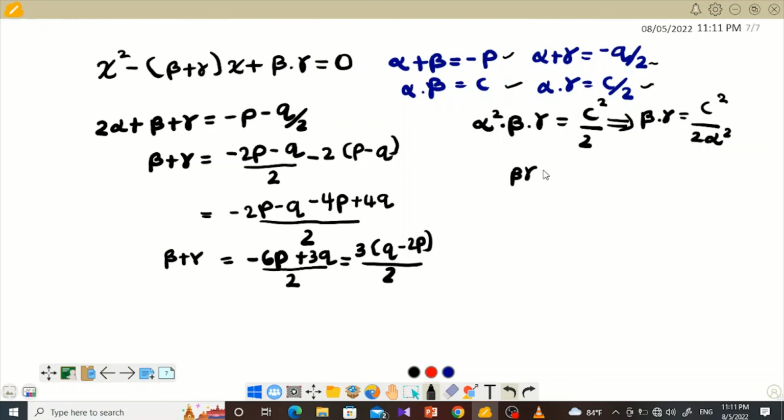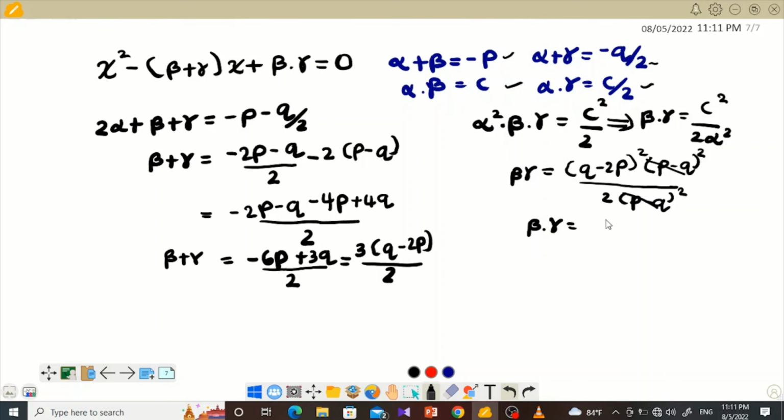Then beta gamma equals, the c value is q minus 2p squared into p minus q squared, and the alpha value is p minus q squared. As you can see, p minus q squared cancels, and I get the value for beta dot gamma as q minus 2p squared.